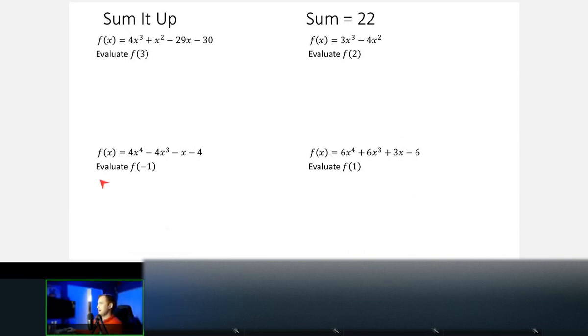All right, what do the bottom two answers add up to? 14. Yes, I would agree with you. The bottom two add up to 14. And what do the left two answers add up to? 5. Yes, so these two add up to 5. So kind of go through it again.